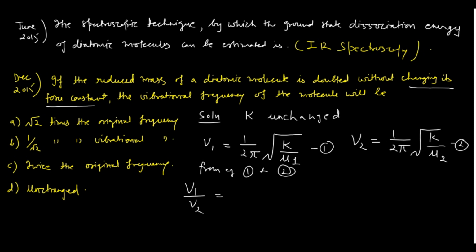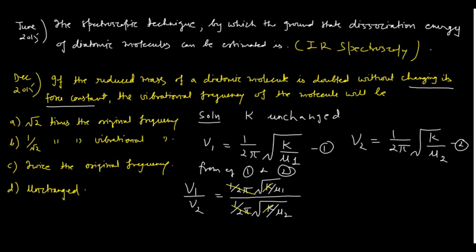For nu1, 1 on 2 pi, you can write like that, under root K over mu1. This should be divided by 1 on 2 pi under root K by mu2. So what you can do here, you can cancel these two, and you can cancel K also.